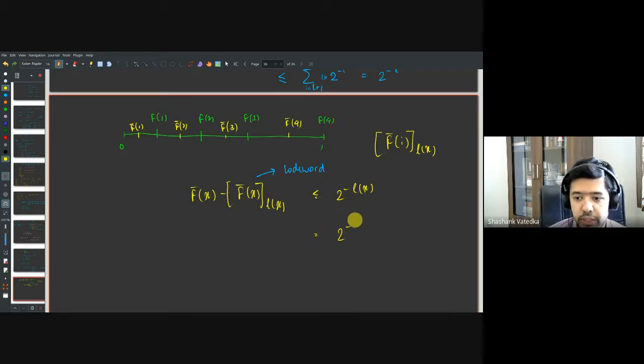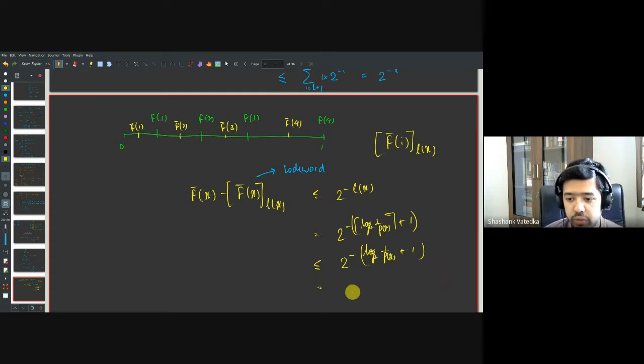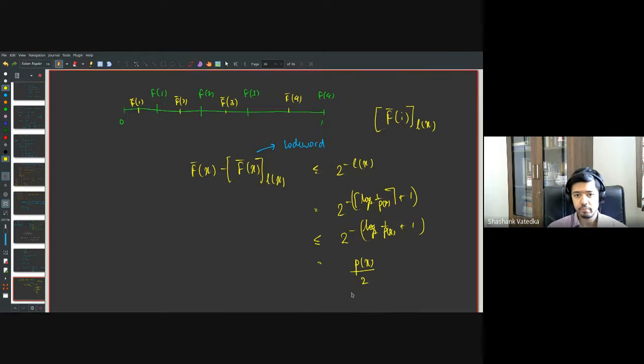This is 2 to the minus ceil of log of 1 over p of x, plus 1, which is less than or equal to 2 to the minus log of 1 over p of x plus 1, which is just p of x divided by 2. Do you agree? Any questions so far?